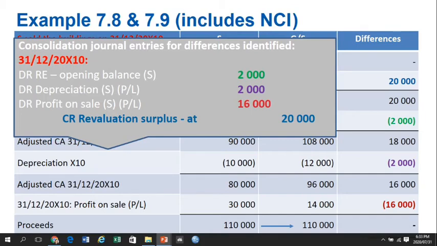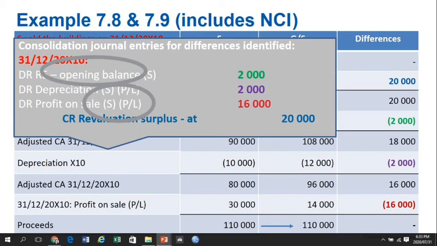And if you look at the debit entries in 20X10, the 2,000 Rand for X9 is already at retained earnings opening balance. Then I had 2 adjustments through profit and loss. So where do you think these amounts will move to in 20X11 and all future years?